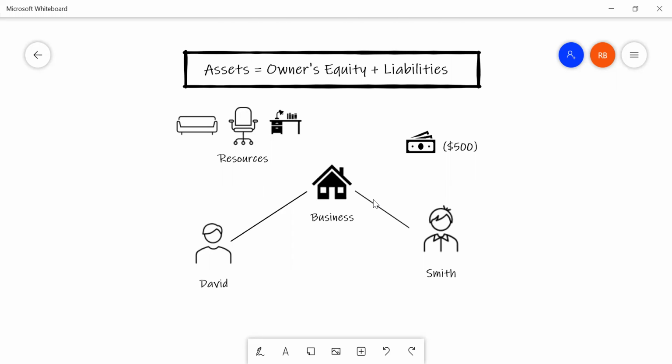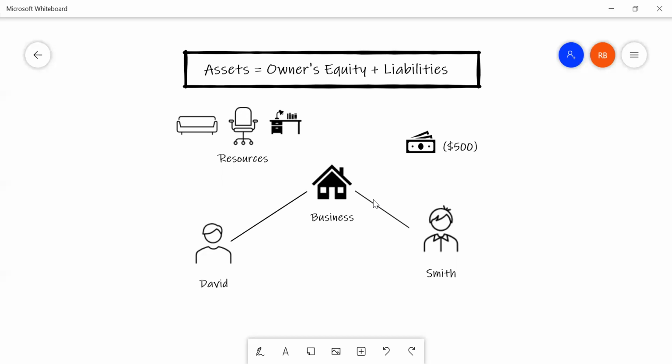So you can build the definition of assets: assets are the resources which are controlled by the business as a result of a past transaction, which give future economic benefit. That is called assets. Assets can mainly be divided into two groups, current assets and non-current assets.